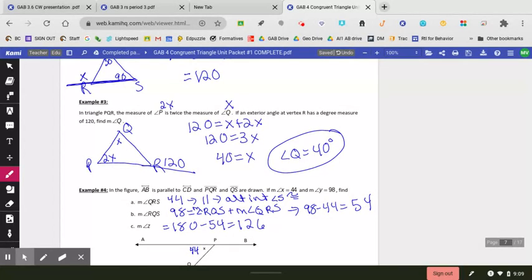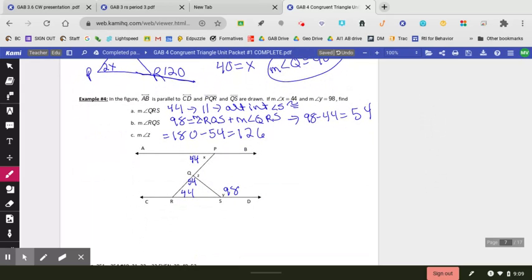The exterior angle at vertex R, so I extended the line at R, again, it doesn't really matter which way you extend it, is 120. So that exterior angle is equal to angle P plus Q. So 120 equals x plus 2x. So x equals 40, so angle Q equals 40. I should have said the measure of angle Q.